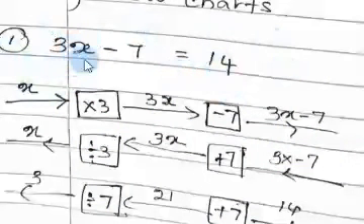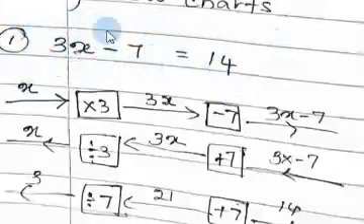Here, how do we describe this algebraic expression? 3 times x. From 3 times x, subtract 7.